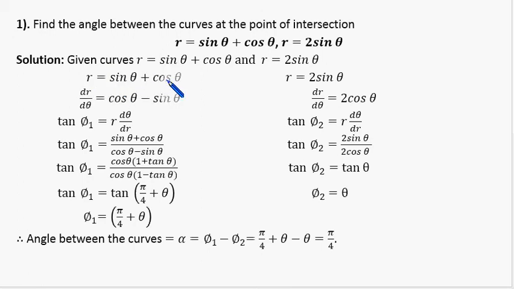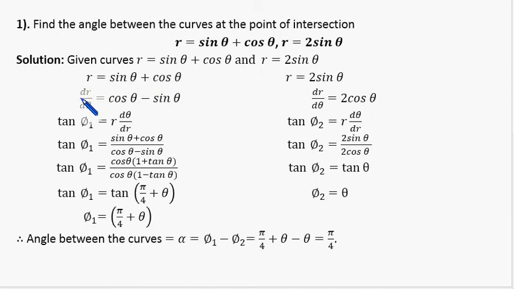Differentiating with respect to theta, dr by d theta is equal to cos theta minus sin theta. You know that tan phi1 is equal to r into d theta by dr. I have to substitute the value of d theta by dr, knowing the value of r is sin theta plus cos theta.